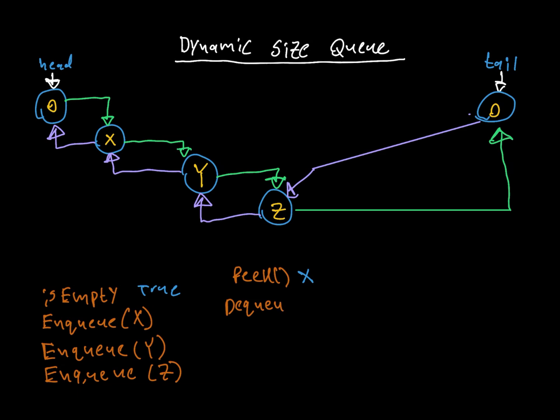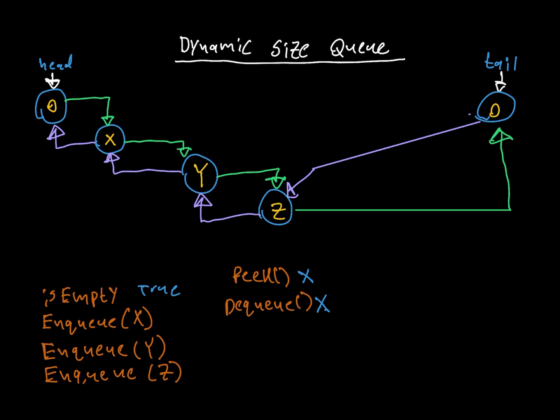What happens if we do a dequeue operation? We are going to go to head. The next node that it points to is x. We're going to save that value to return, right? We're going to look at the next node that it points to, which is y.